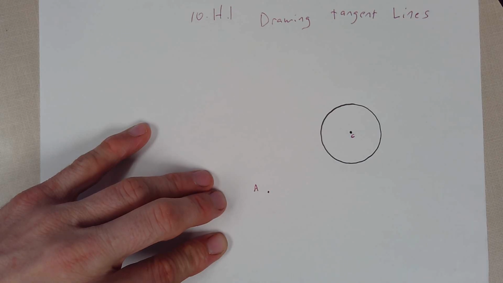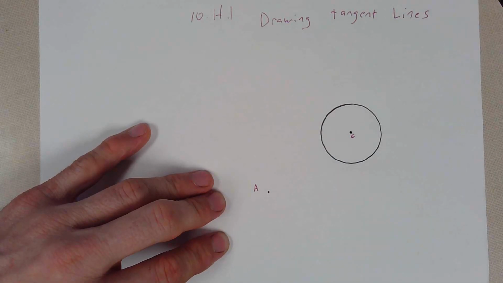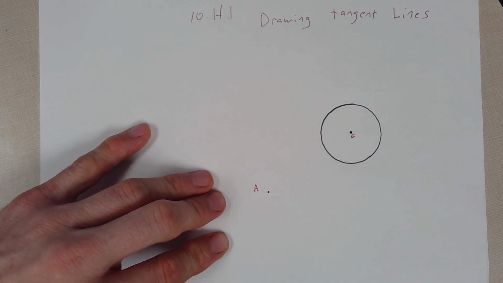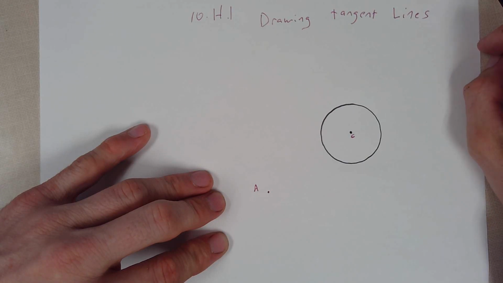So this is Unit 10, H1, and it's talking about drawing tangent lines and how to do it. All right, so here we have a circle, C, called circle C because it has a center point named C, and there's a point outside here named point A, and we're going to draw two tangent lines.